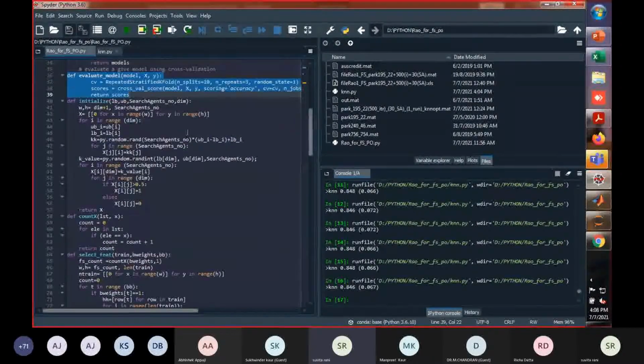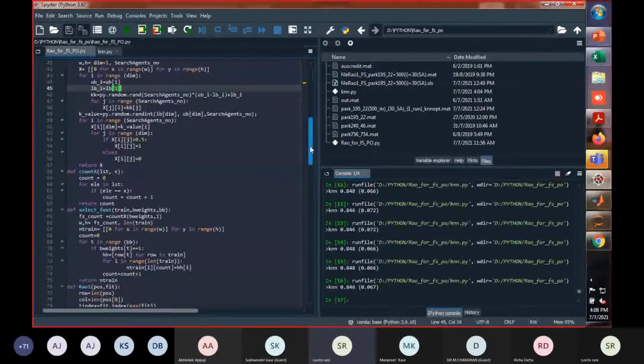The first step of the algorithm is to initialize the value of the search agents, and for initialization we take the upper bound, lower bound, number of search agents, and the dimensions. So we first pass the values.